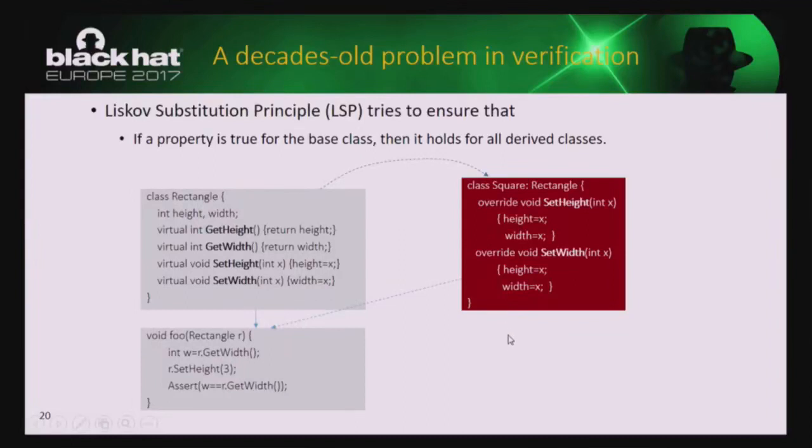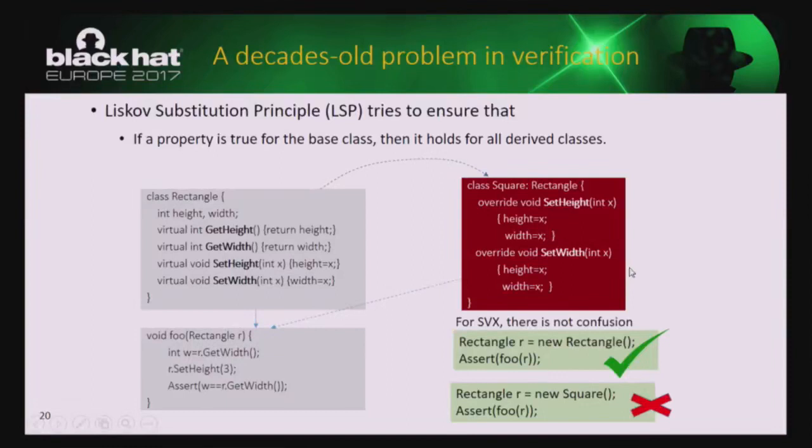And for his purpose, he has to override the setters in order to keep the shape a square. But once he does that, this derived class will violate the property of the base class that people have already proven before.